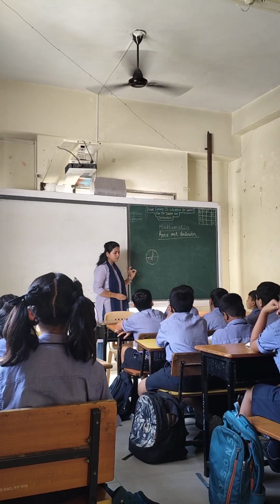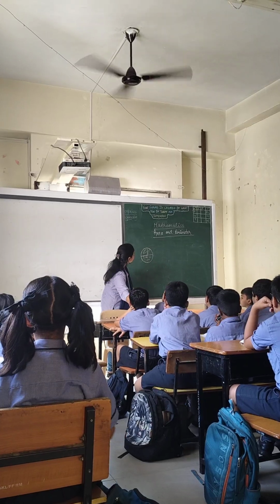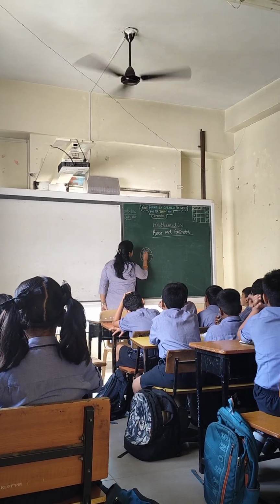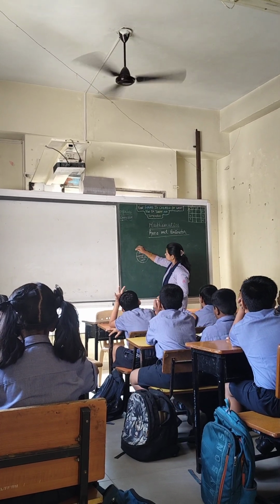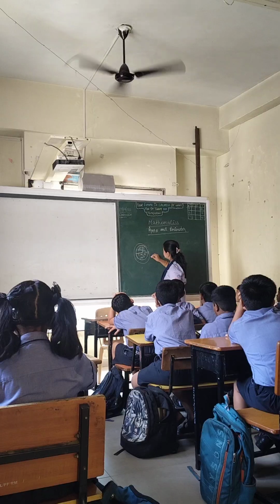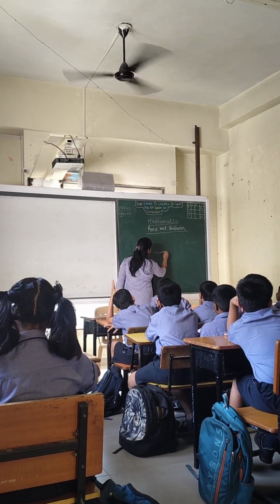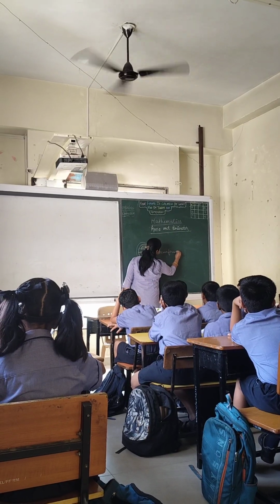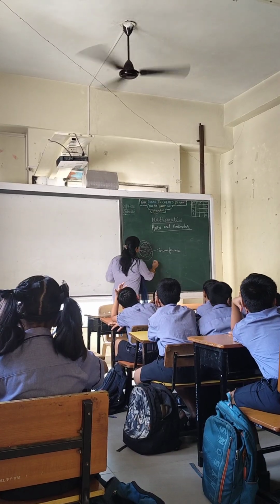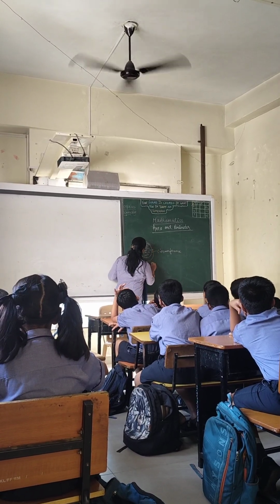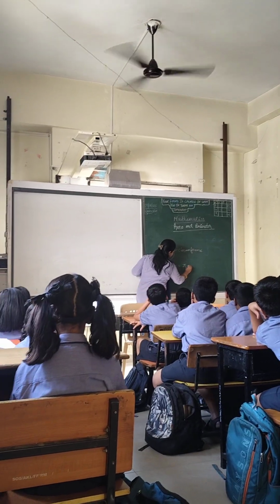Okay. And this inside part is area. And this outside part is what? Circumference. And this is what? Area. So the area of a circle is pi r square.